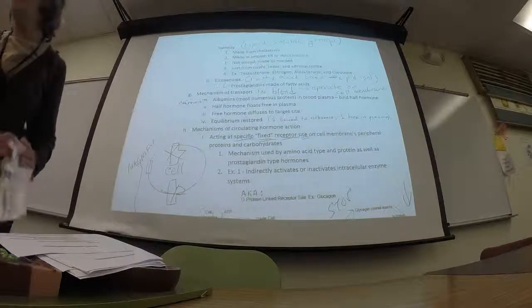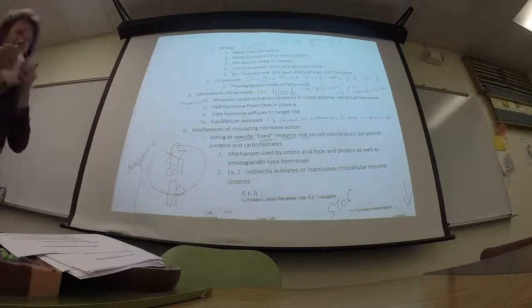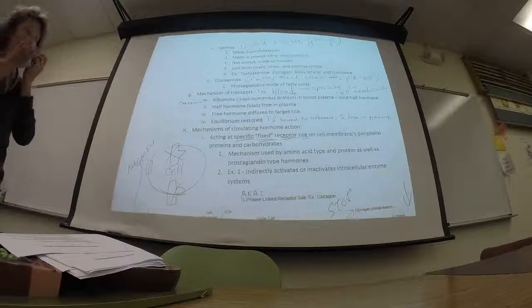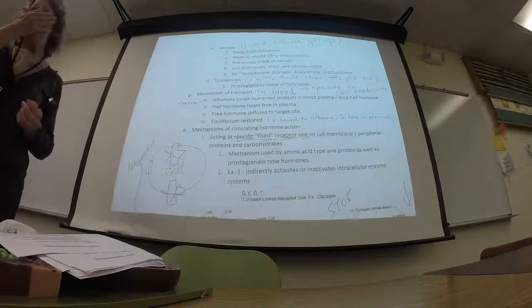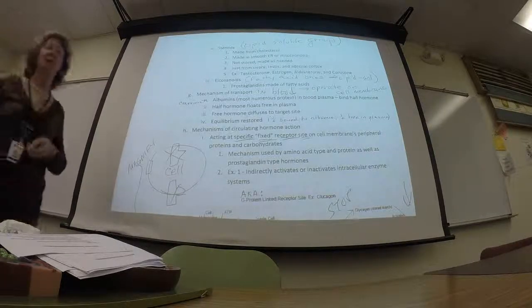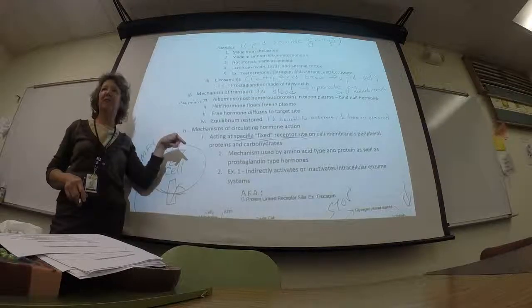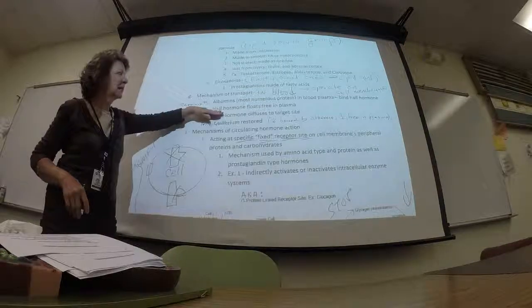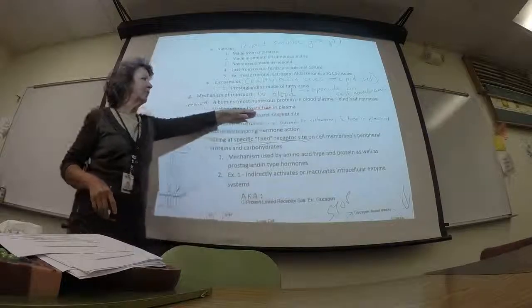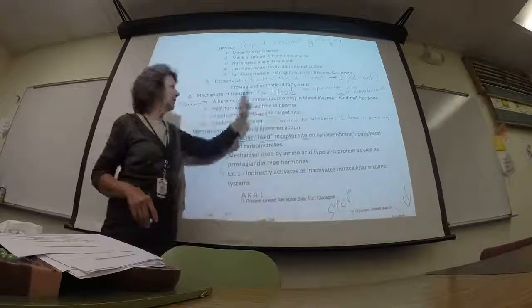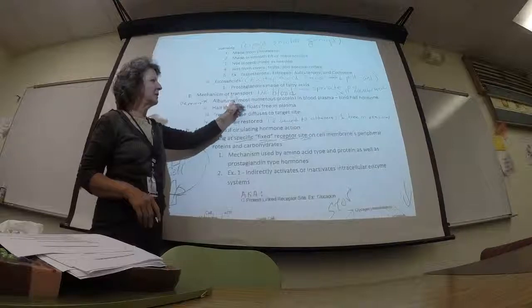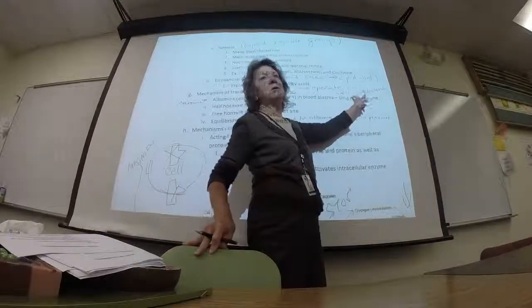Half of one will. So if I just secreted testosterone, then half of this testosterone in my bloodstream will be hooked to an albumin, and half of it will be free floating in my blood plasma. So that's what this means. Half of the hormone floats around, the other half is bonded to the albumin.